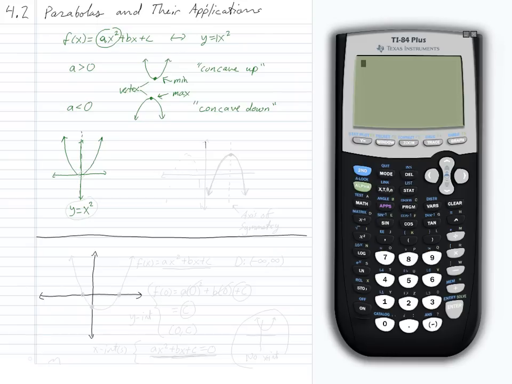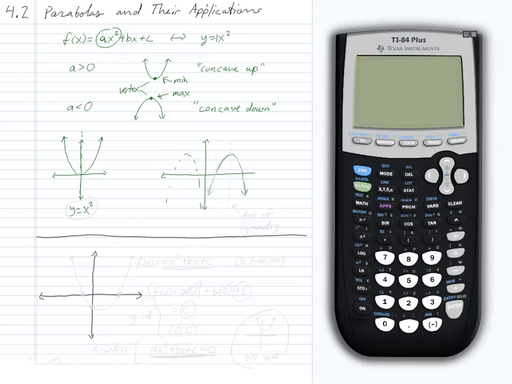Now, if we go and move a parabola around in space, maybe we move it over to the right, and we'll flip it vertically, it's still nice and symmetrical, it's just no longer symmetrical with respect to the y-axis. If we were to flip across the y-axis, we would end up with a graph over here on the left.